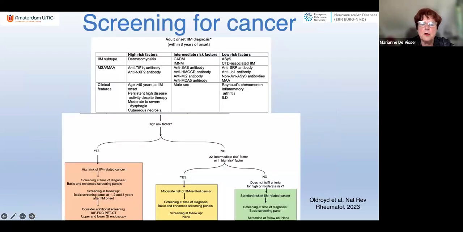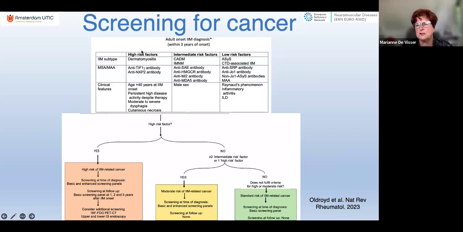And that brought Rohit Agrawal from the US and Alexander Oldroyd from the UK to a very nice study leading to recommendations about screening of cancer. In a Delphi procedure with experts from all over the world, they first identified risk factors: high, intermediate, and low.